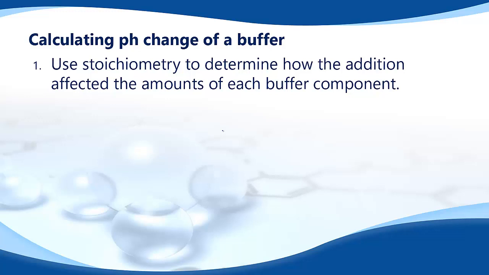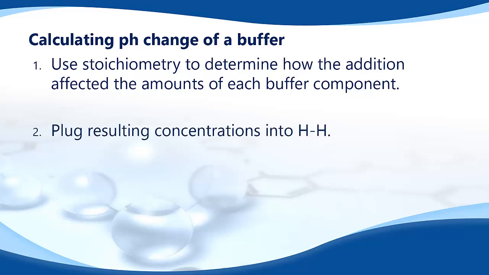So you figure out if I have my buffer and I add an acid to it, I react the acid with the basic component of the buffer, I change my concentrations accordingly based on how much I now have at the end. So you can do an ice table for this if you want. It's probably the easiest way to do it. And then after you get your value from the ice table, you just plug the numbers into your Henderson-Hasselbalch, and it gives you an answer.